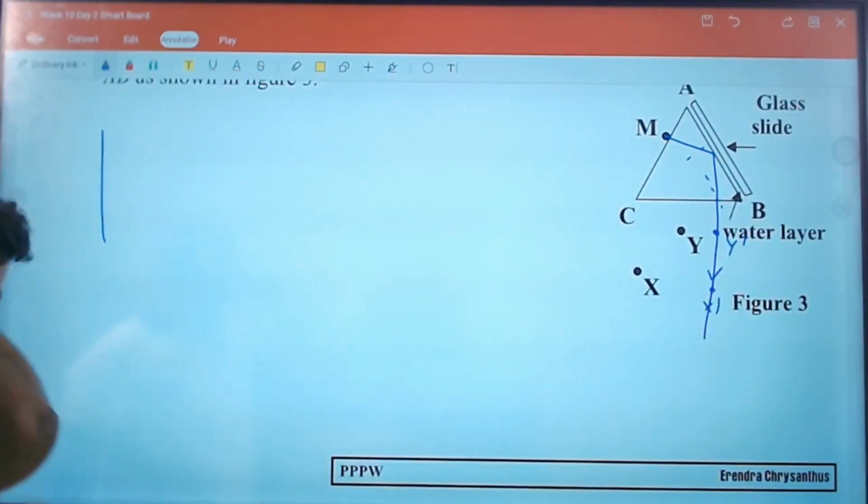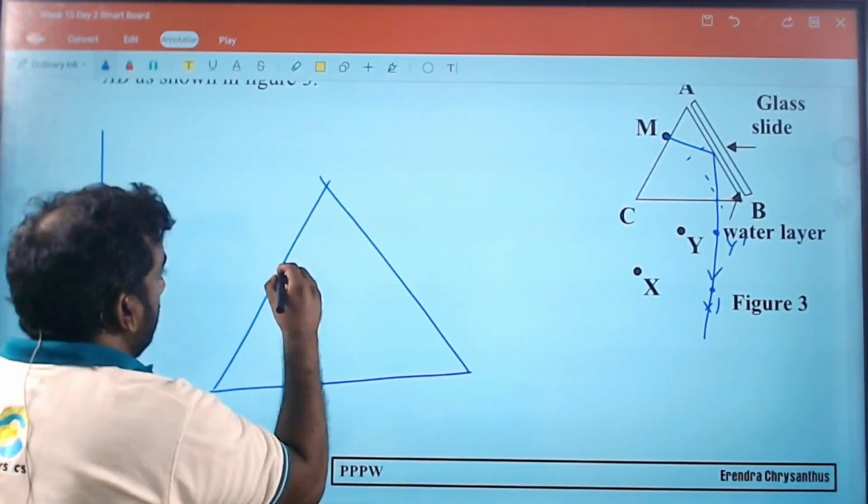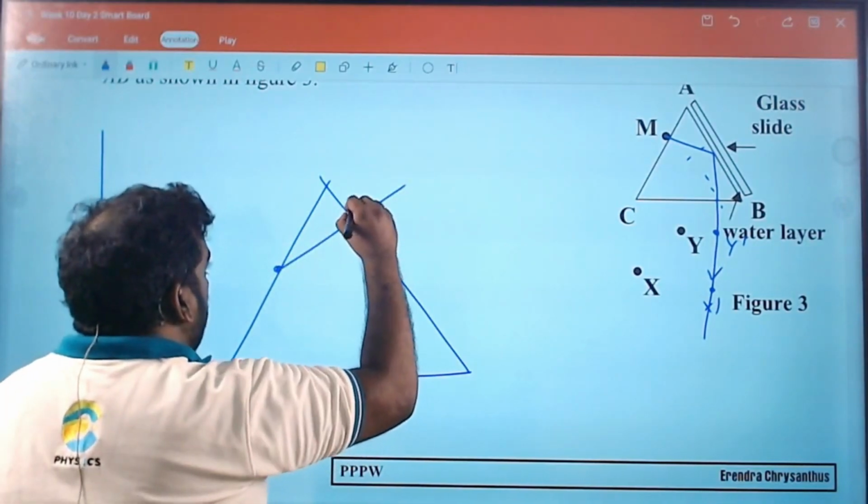If I draw it a bit more clearly, the image will form at the same location.